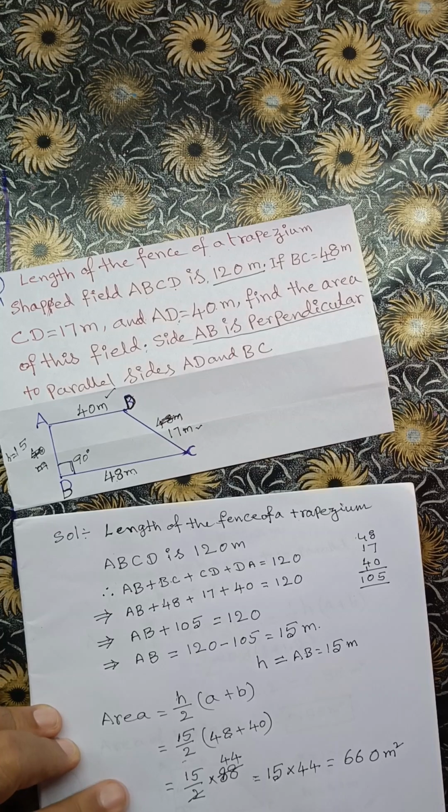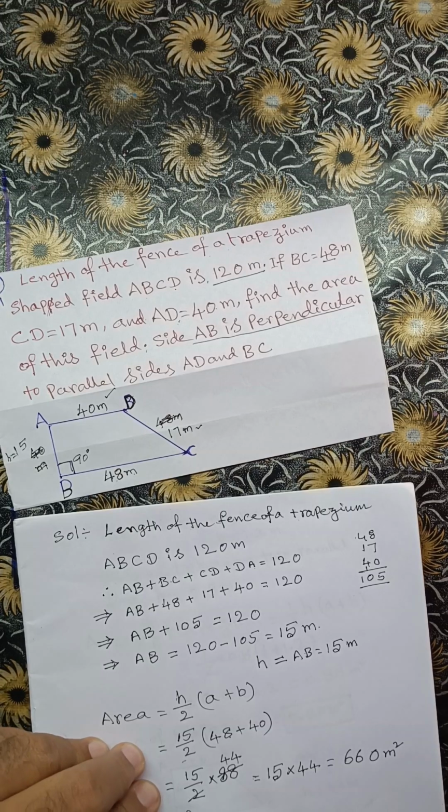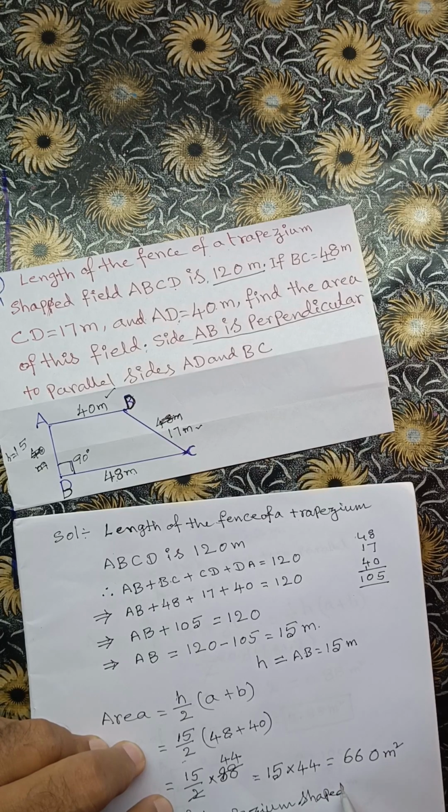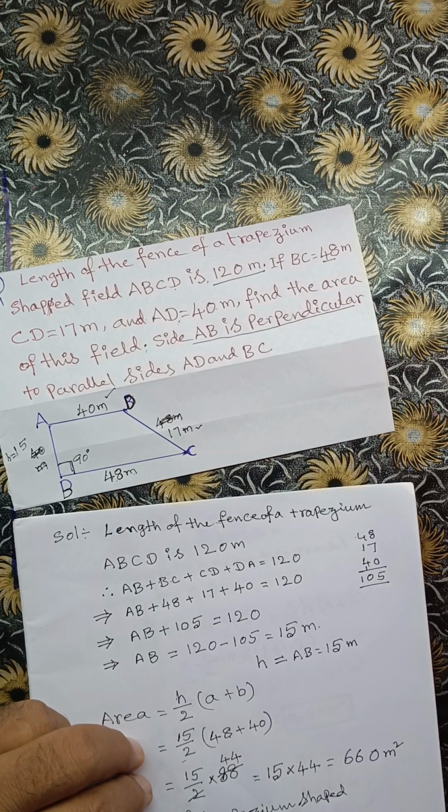So the area of the trapezium shaped field is equal to 660 meters square.